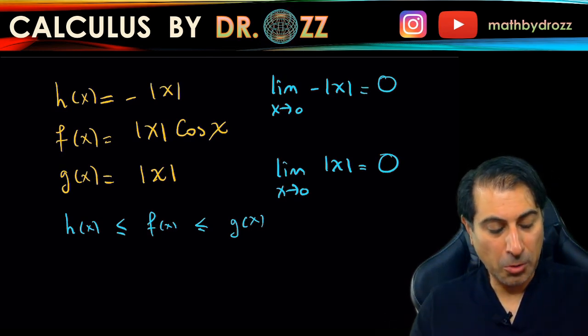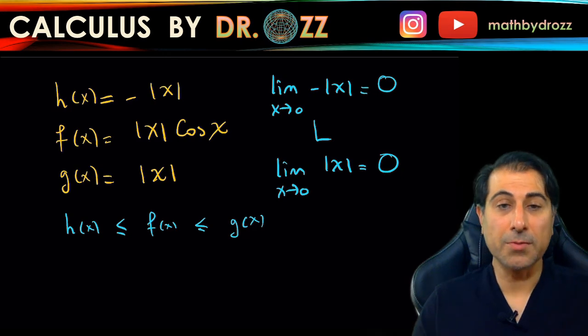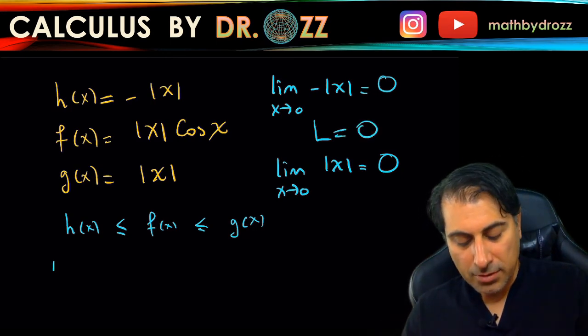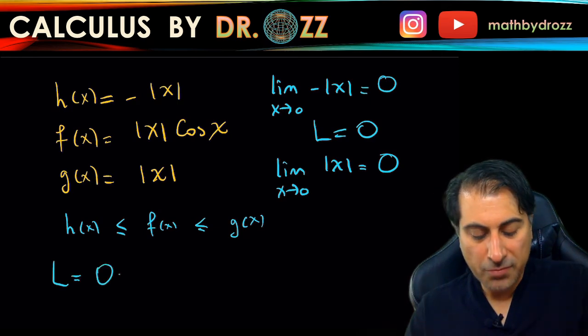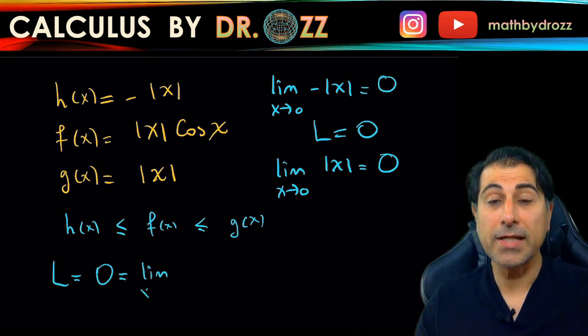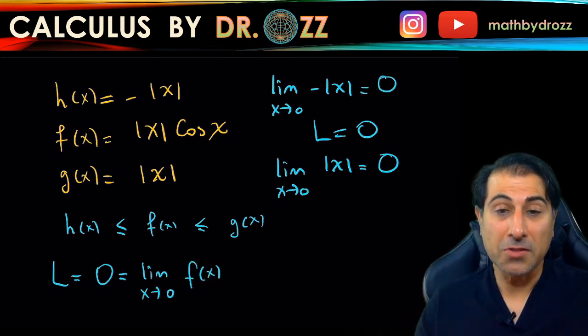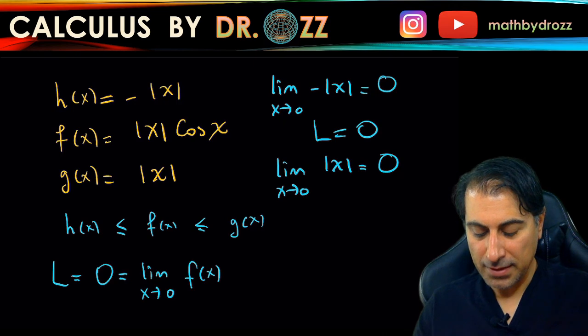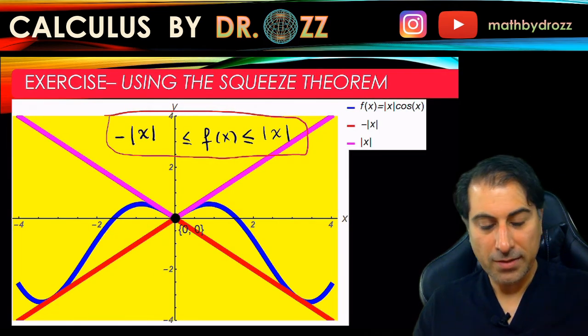So let me call L to be 0 because the outer limits are essentially 0, and that should be the same limit value the function f attains, because of the squeeze theorem. Because if the outer limits are equal, then the squeezed function f must have the same limit, and even the graph tells us that.